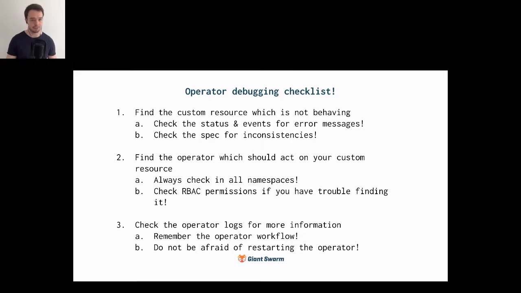Check the RBAC permissions if you have trouble finding the operator. Why the RBAC permissions? To take actions on a custom resource, or to really work on a custom resource, an operator will have get and list permissions of this custom resource in RBAC. So this is very important to know.